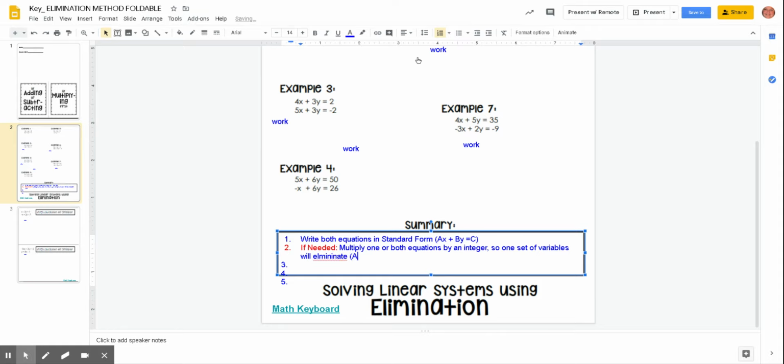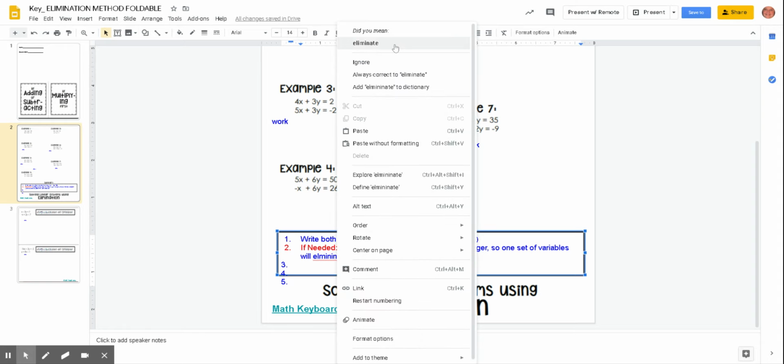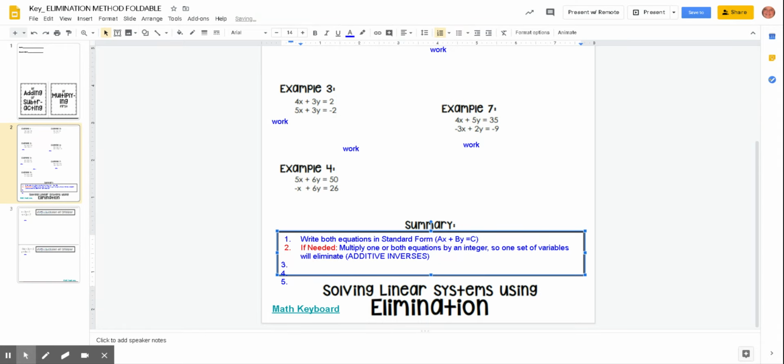In other words, we need additive inverses. Of course, I didn't spell eliminate right, so let me fix that. Eliminate. Okay.